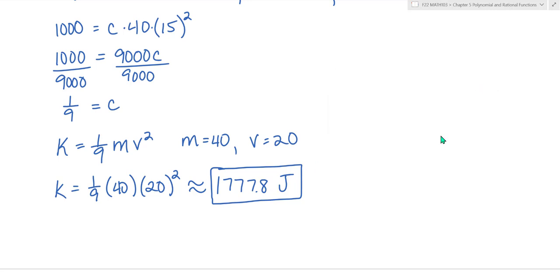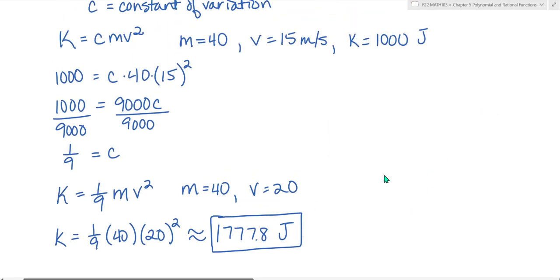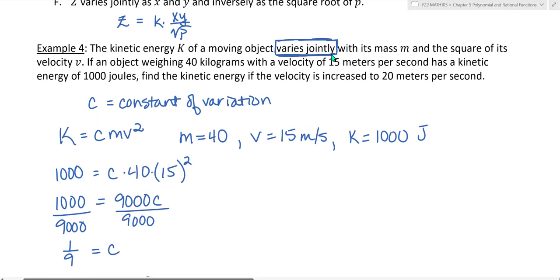So in general, with these word problems, you see something about varies whatever in the problem. First thing you do is write your formula template, so K equals C m v squared, whatever. And then you find your constant of variation.